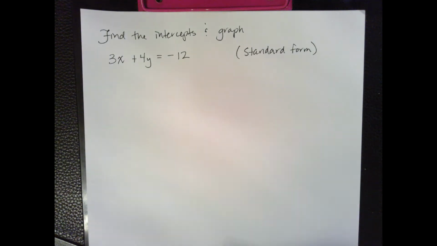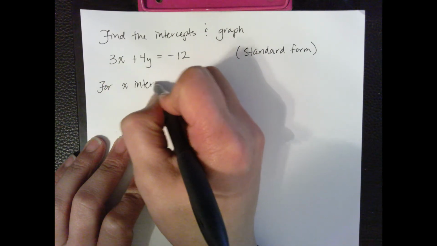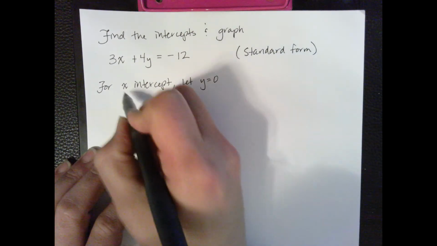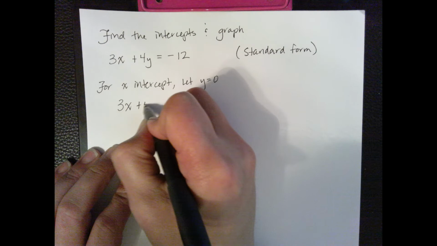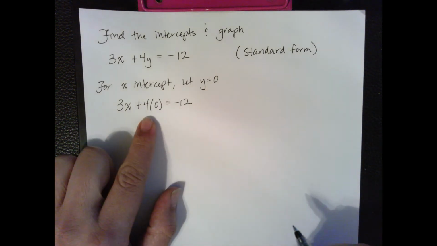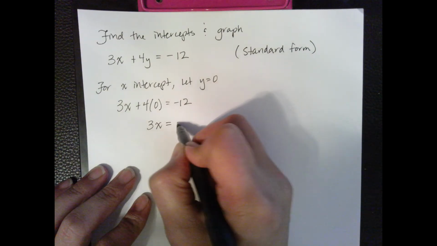Okay. So remember, for intercepts, to find the y-intercept, I let x be 0 and I solve. For the x-intercept, I let y be 0 and I solve. So for x, we let y equals 0. So that means we have 3x plus 4 times 0 equals negative 12. 4 times 0 is just 0, so now we have 3x equals negative 12.